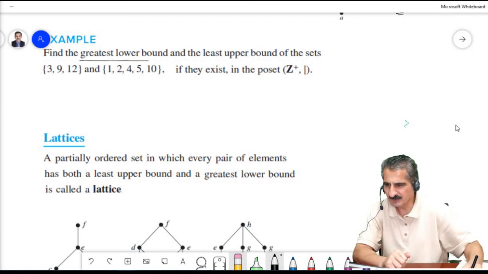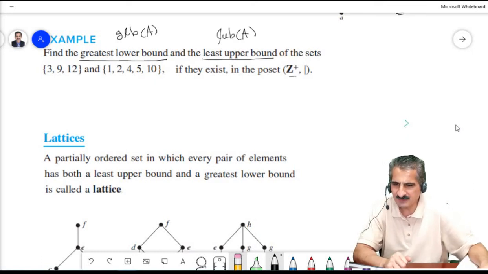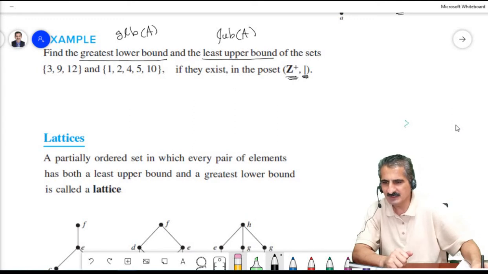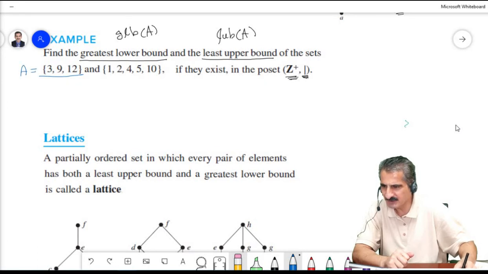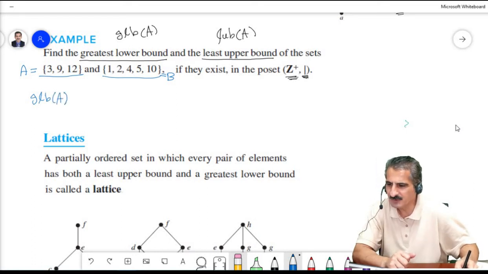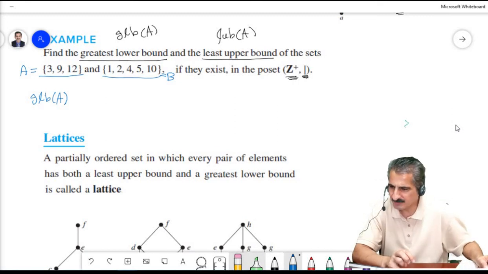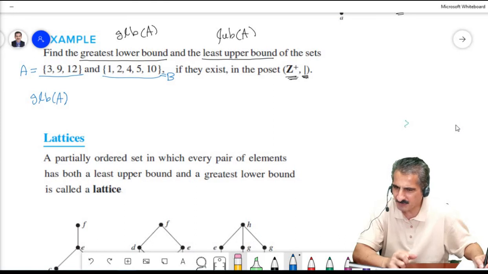So usually we will say greatest lower bound of some set A, and least upper bound of some set A. Now, the partially ordered set here is the set of all positive integers with partial order division, and for this instance, let's choose this to be A, and name this set to be B. So tell me what is the greatest lower bound of A. Does it exist? Can anyone tell me?